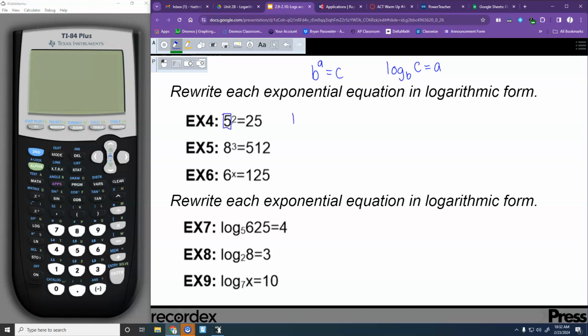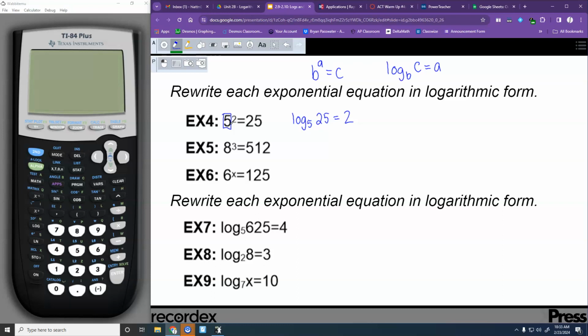So I'm going to have log base 5 of 25. Whatever it was equal to, the c right here has to come over here with the log, right? And then that 2 will go over there. Okay, and that gets you the correct answer.